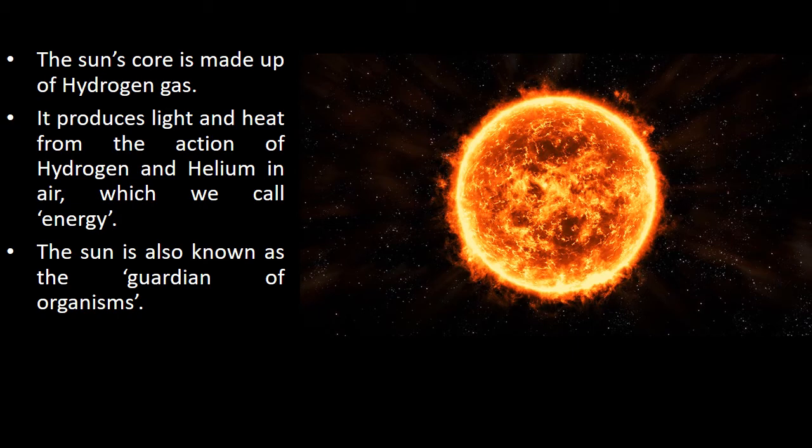So the surface of the sun is very hot. It is always burning. It is because of the sun's energy that organisms have developed on earth. You have studied about this in science. Thus, the sun is also known as the guardian of organisms. Guardian means protector.